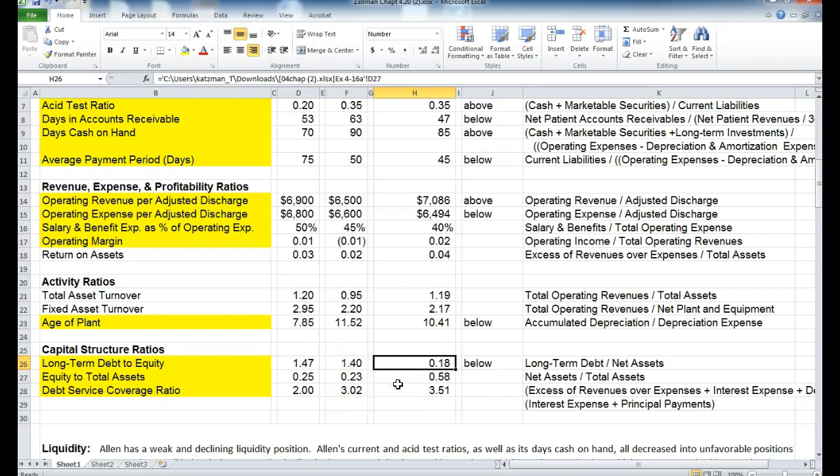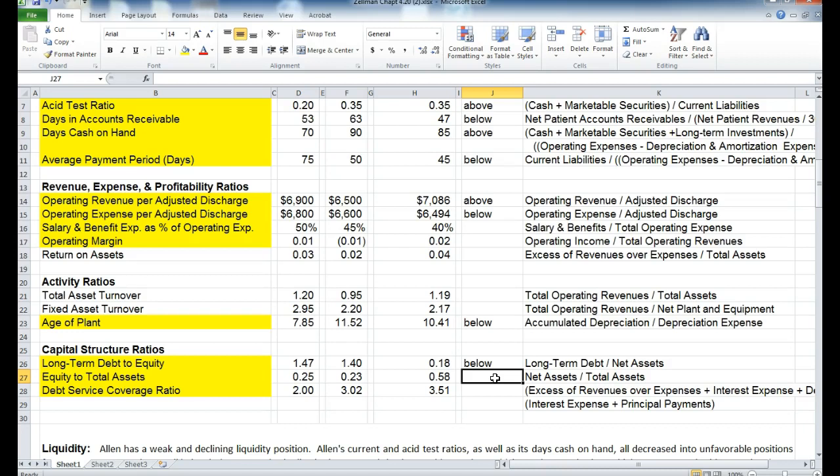So let's look at the next ratio, which is equity to total assets. So here, if we look at that, do we want to be above or below the benchmark? Here I would say we want to be above the benchmark. Our net assets, our equity section, divided by our total assets.